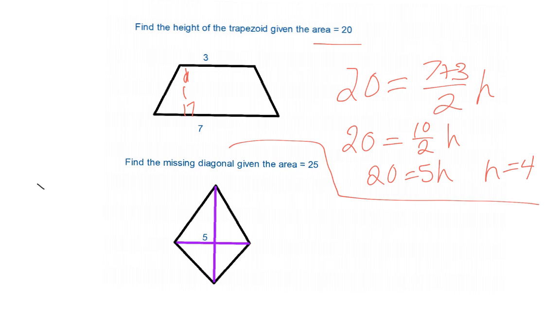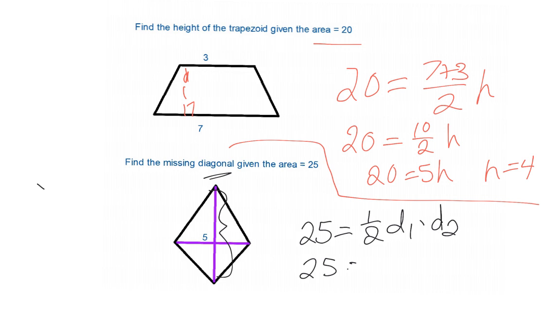The next one, you need to find this missing diagonal. The area is 25. Remember, area is equal to 1/2 D1 times D2. I know one of my diagonals is 5, but I don't know what the other diagonal is.